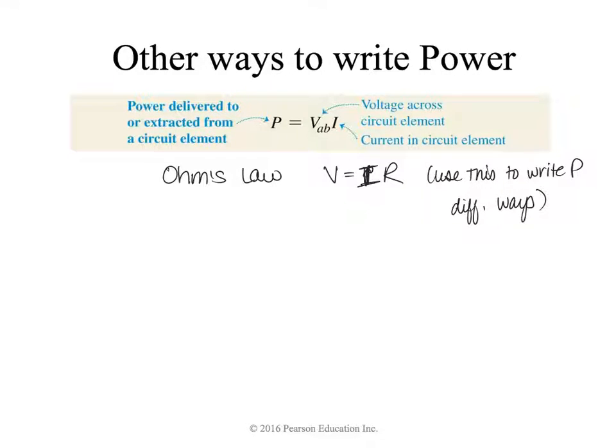So for instance, this is similar to when we wrote the energy stored in a capacitor and we used different variables. What if we don't want the voltage to be part of it?